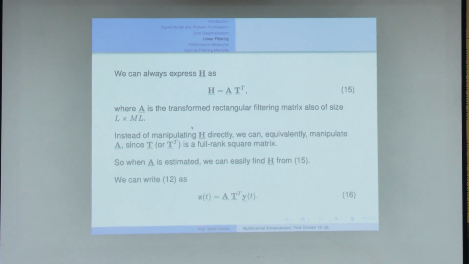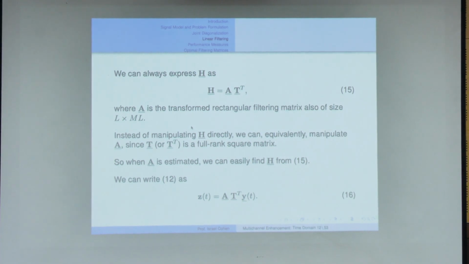Okay? So after we learned the single channel, we are familiar with the mathematical basics of how to do these things. Here it's slightly more complicated because we work with matrices instead of vectors, and with additional things.